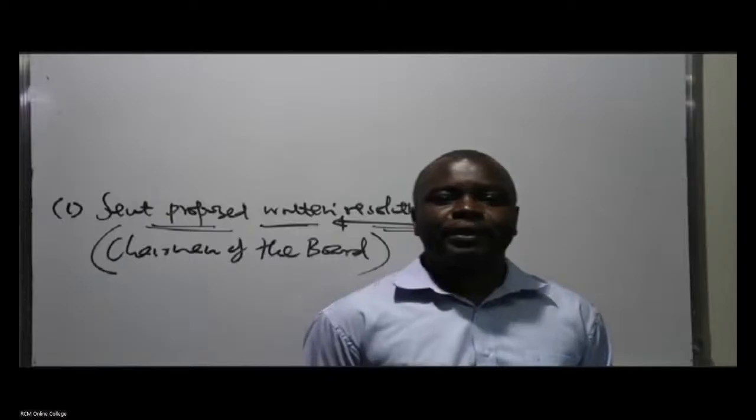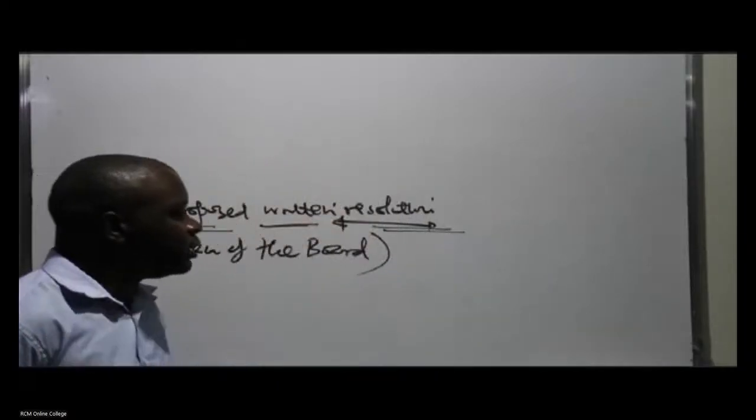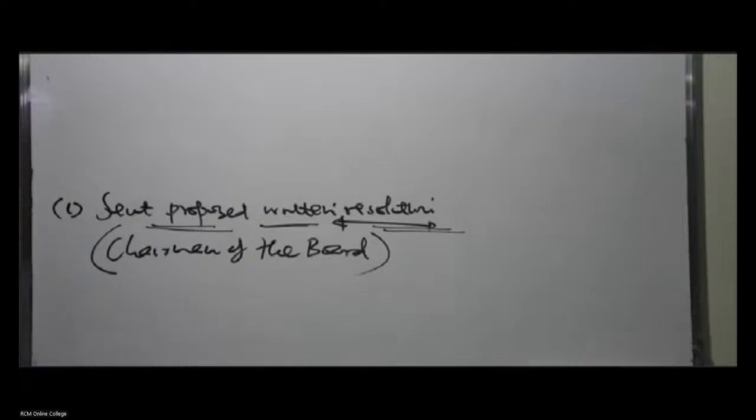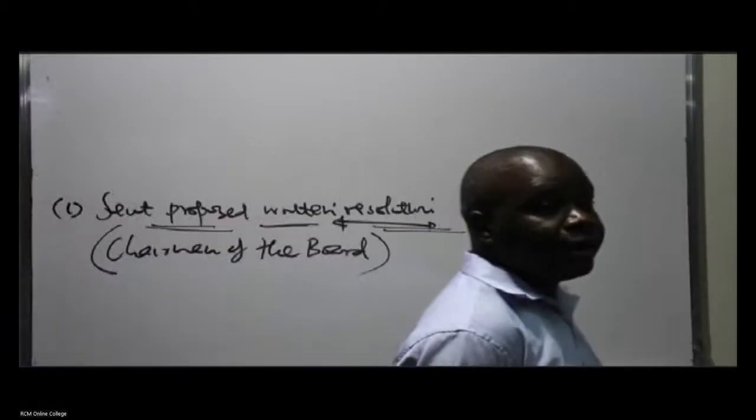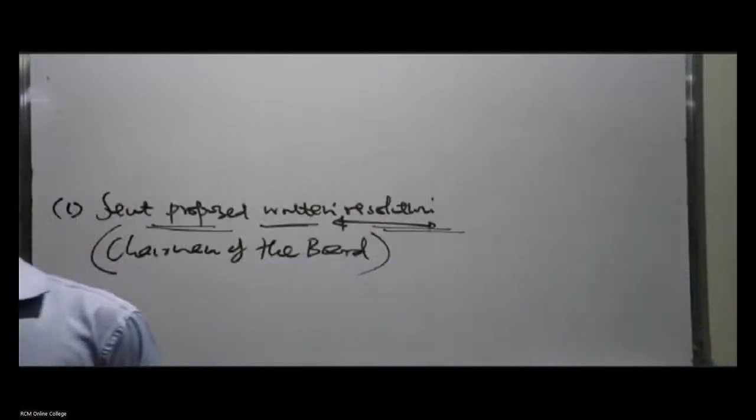So that when you come to that AGM, you'll likely be asking directors: I've just seen you've awarded yourself a lot of bonuses and you're just idling there in the offices. What are you doing? Which kind of nonsense? You have that right to question those kind of things in the AGM, and therefore you'll be entitled to get a copy of the annual financial statements. So that's a right you have.